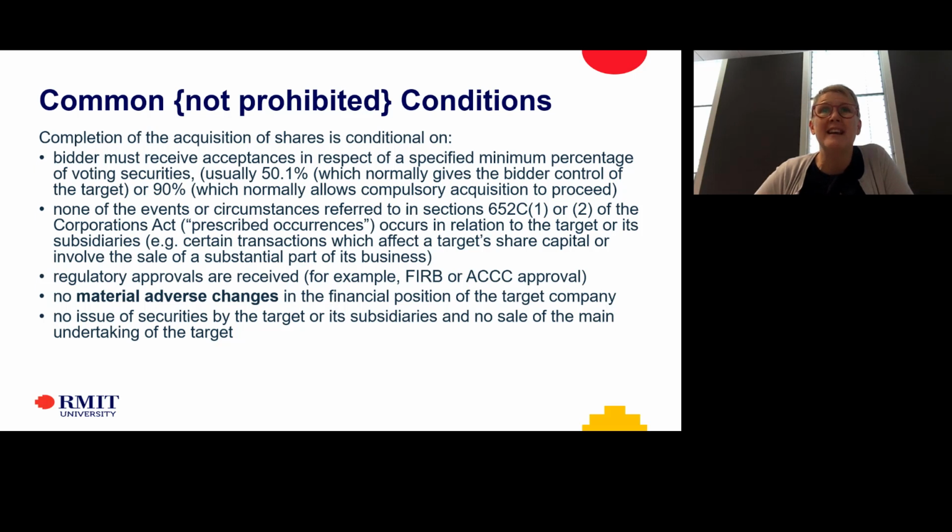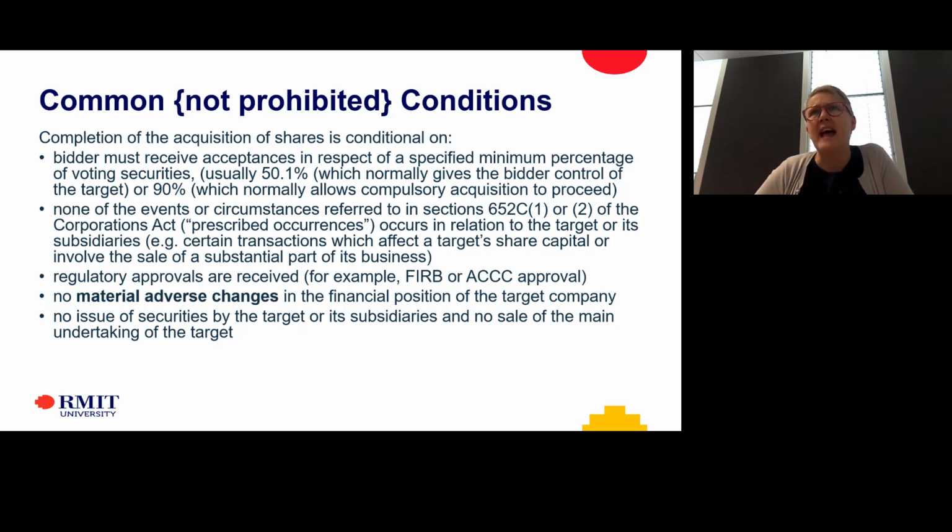So if we need ACCC approval under section 50 because there is the potential for this transaction to have a competitive effect in a market, or FIRB treasurer's approvals, we call them treasurer's approvals, but actually the way it works is the treasurer basically gives that negative language and says, I'm not interested in this transaction, this is not a transaction that I'm going to take any objection to.